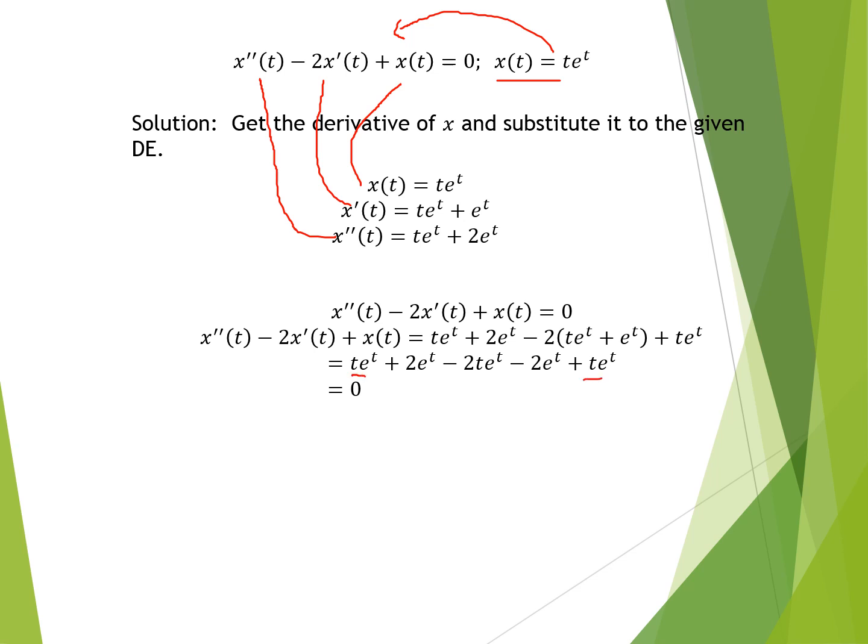This will cancel out here and this will cancel out there. So the result is 0. That means t e to the t is a solution of the differential equation.